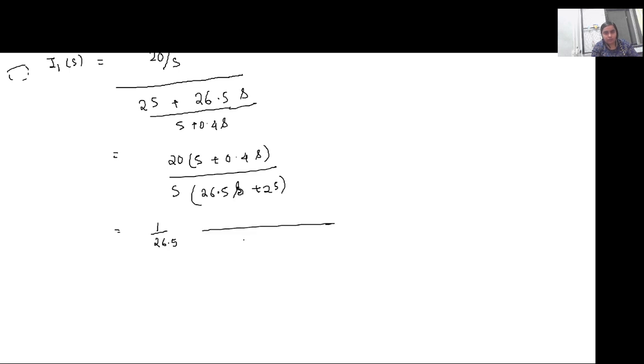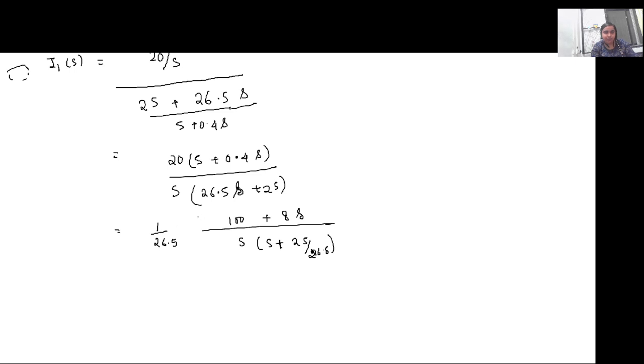It will be in the form of s into (s plus 25 by 26.5). We are just writing in terms of s plus a so that we can take the inverse Laplace transform. In the numerator, 20 into 5 is 100 plus 8s.